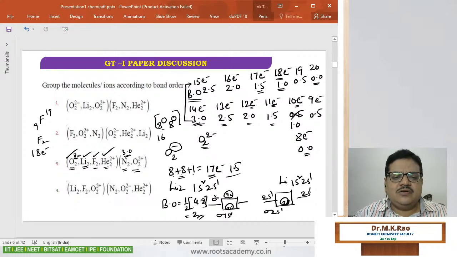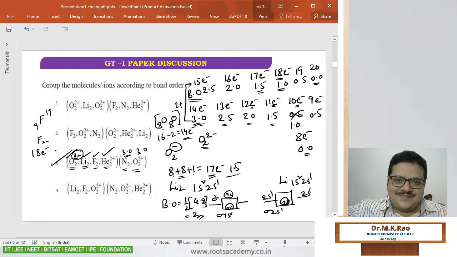They are saying 2 plus means remove 2 electrons. 16 minus 2 is 14 electrons. It is also 3.0. It is the correct option, but a small correction is there. Please notice that point, very important. So option 3 is coming.